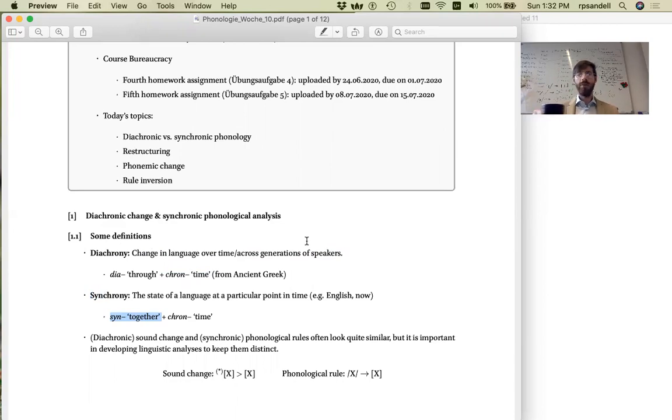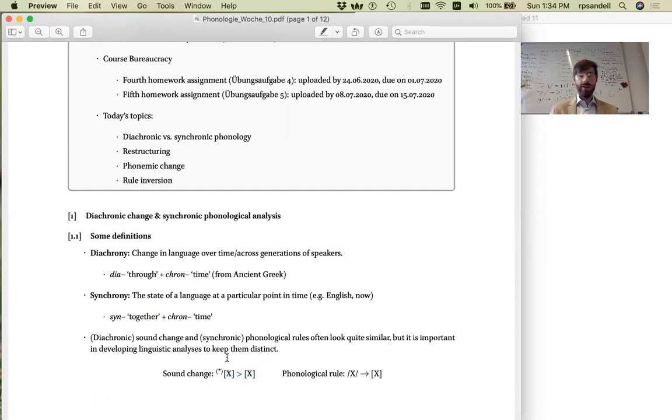And when we come to describing changes diachronically, you'll notice that the way in which so-called sound changes look is fairly similar to the way in which we represent synchronic phonological rules, but there are some important distinctions here. So when we represent a sound change, I'll usually represent this in phonetic brackets to indicate that what we are talking about is some change in the realization of a sound.